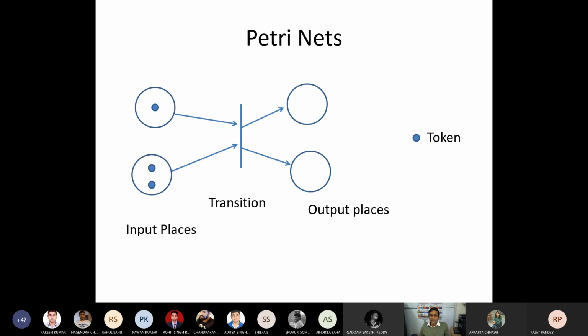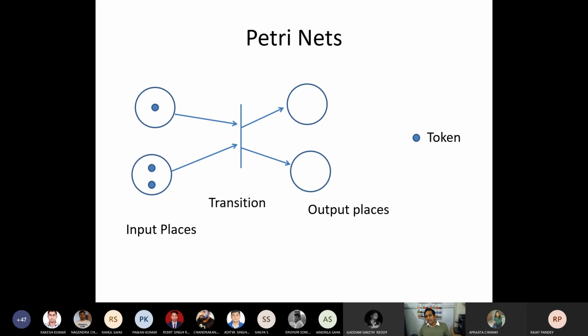Our Petri net also has a similar property. You have some vertices, and these vertices are connected to the transitions, not to the places. Let's say in our graph you do not have these transitions. Then what will happen?